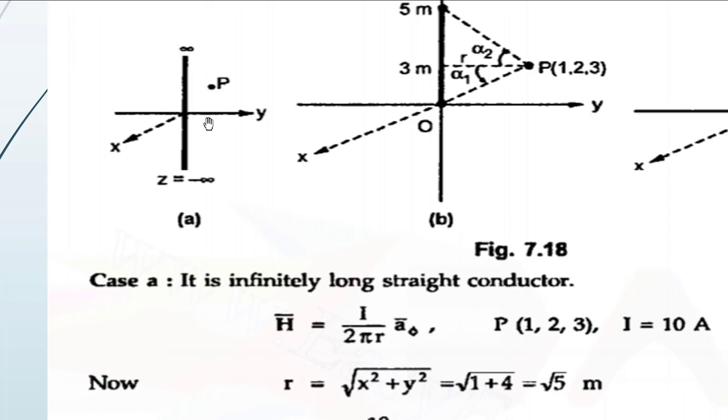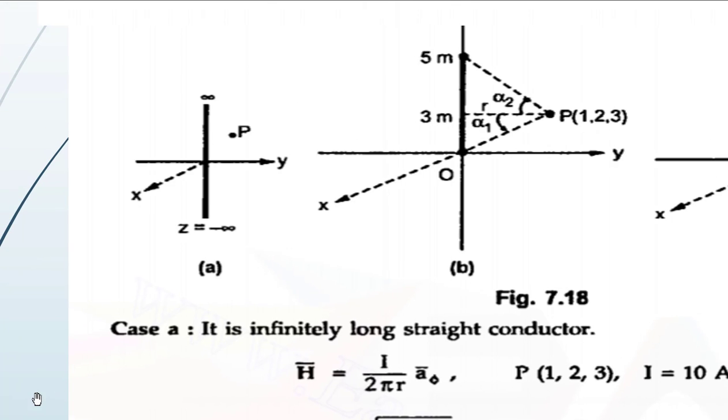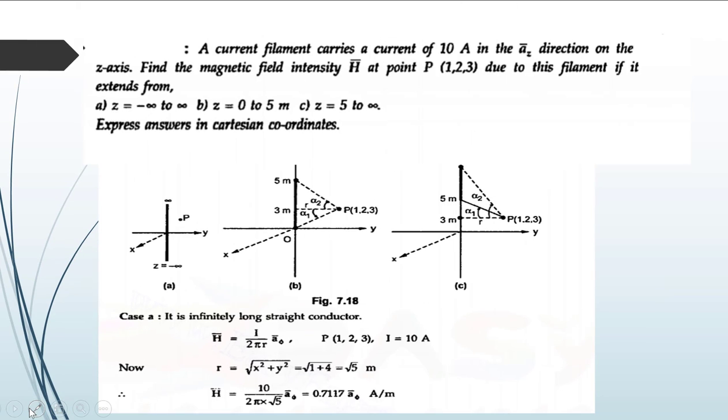If I draw a perpendicular from point P onto the filament, the foot of the perpendicular will be this part. So it has Z value equal to 3 and X and Y values equal to 0 and 0, right?